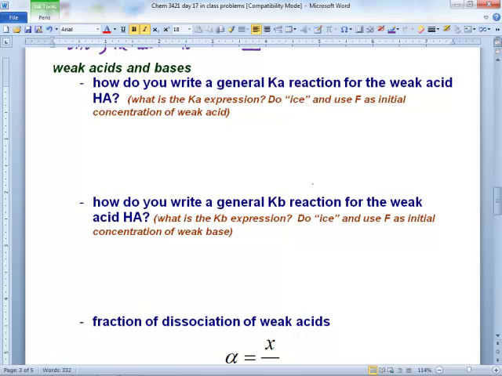Weak acids and bases. Let's do a little review here. How do we write a Ka reaction? If our weak acid is HA, how did you write the Ka reaction? HA goes to H plus and A minus. And we're used to doing this, okay? You have 0.23 F HCN. It's the same thing we did before. If you want to get the pH, you do ICE, right?